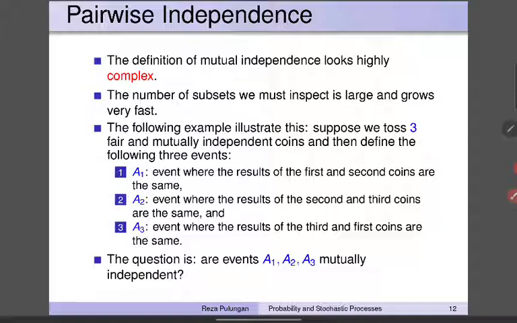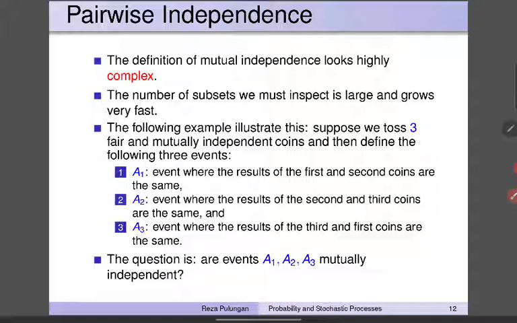The number of subsets we must inspect is very large and grows very fast. The following example illustrates this. Suppose we toss 3 fair and mutually independent coins. So these three coins are mutually independent, so their tossing is also mutually independent, and furthermore, they are fair. What does it mean to be fair?